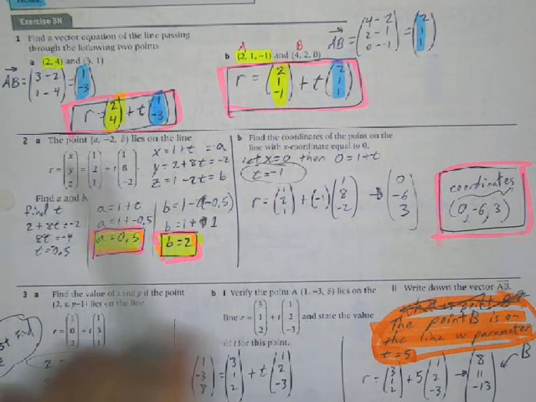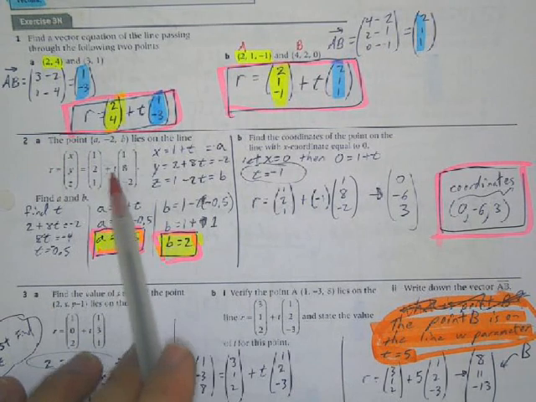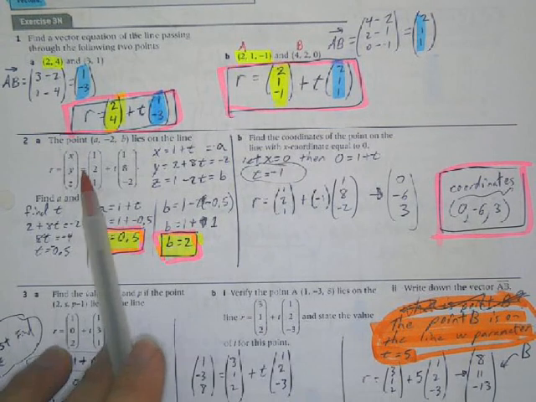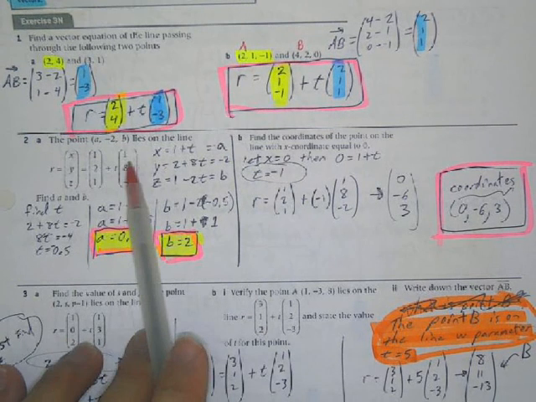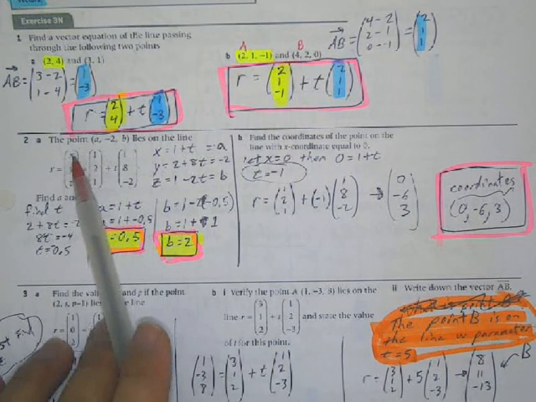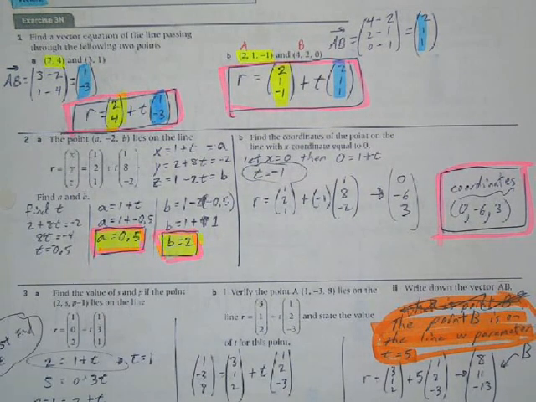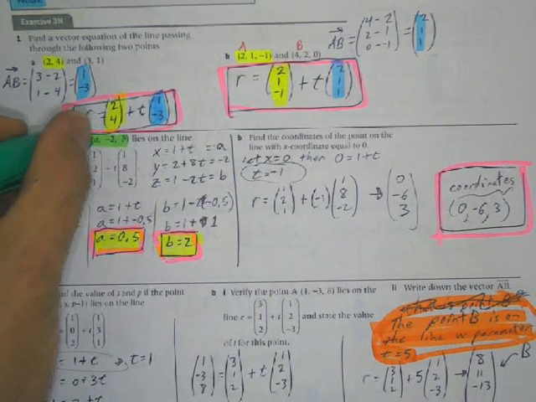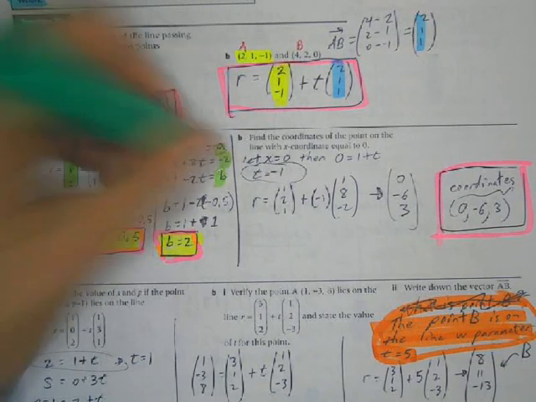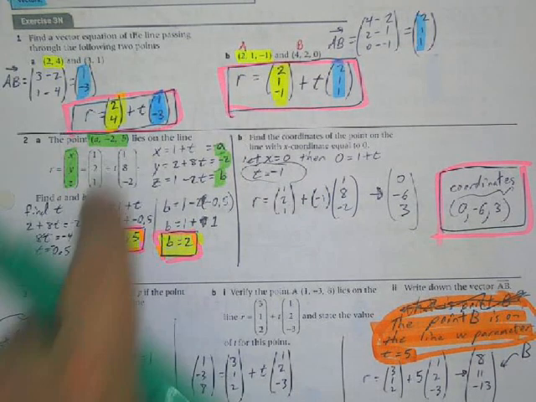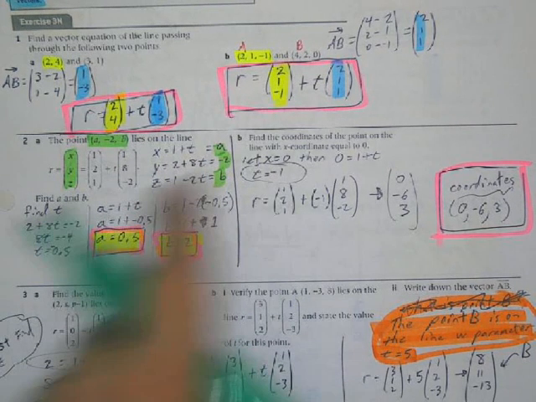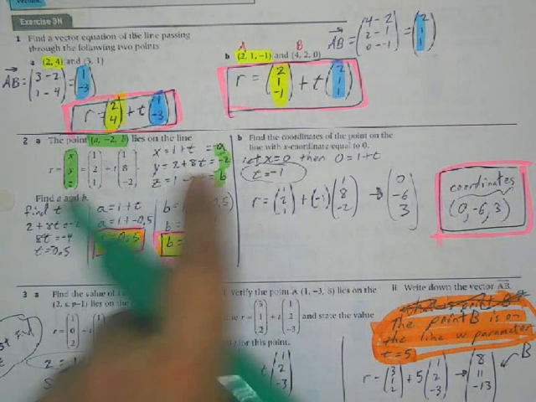So I rewrote it in parametric form. X equals 1 plus T. Oh, but instead of X, Y, and Z, we have A, -2, and B. So I'm replacing X, Y, and Z with A, -2, and B. Then I have 1 plus T equals A. I've got 2 plus 8T equals -2.